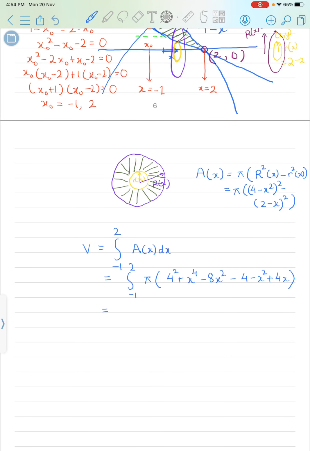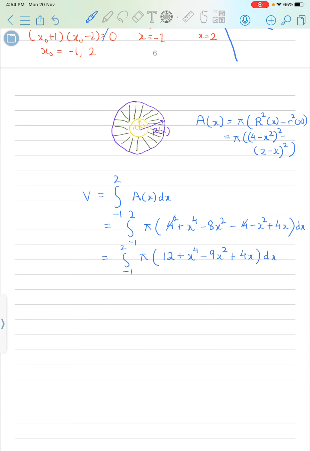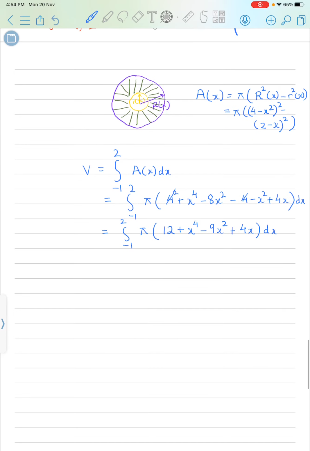Now it looks correct to me, and you will get pi, this is 16 minus 4, this will be 12, plus x to the 4 will be there, and this is minus 8x square, and then minus x square, this is minus 9x square, then plus 4x. Okay, dx. Yeah. So I think this is it.